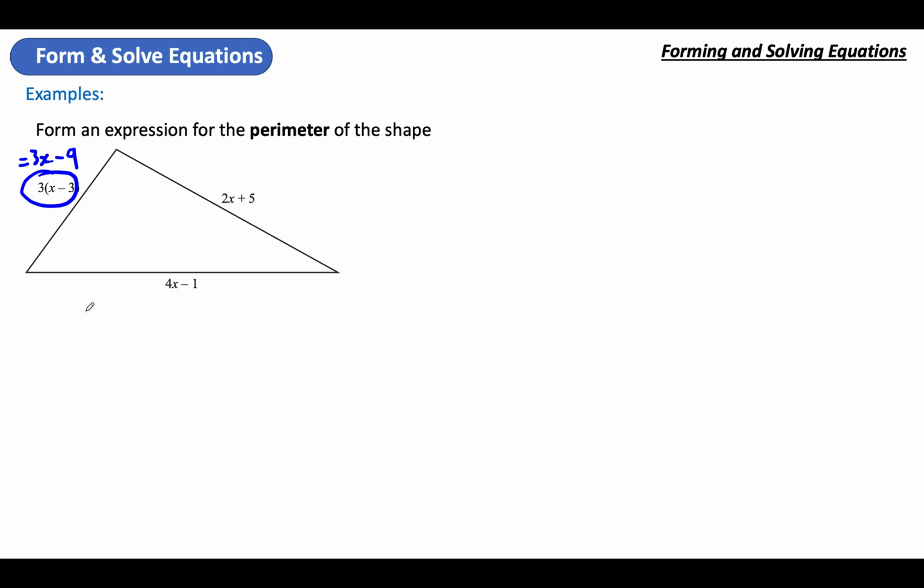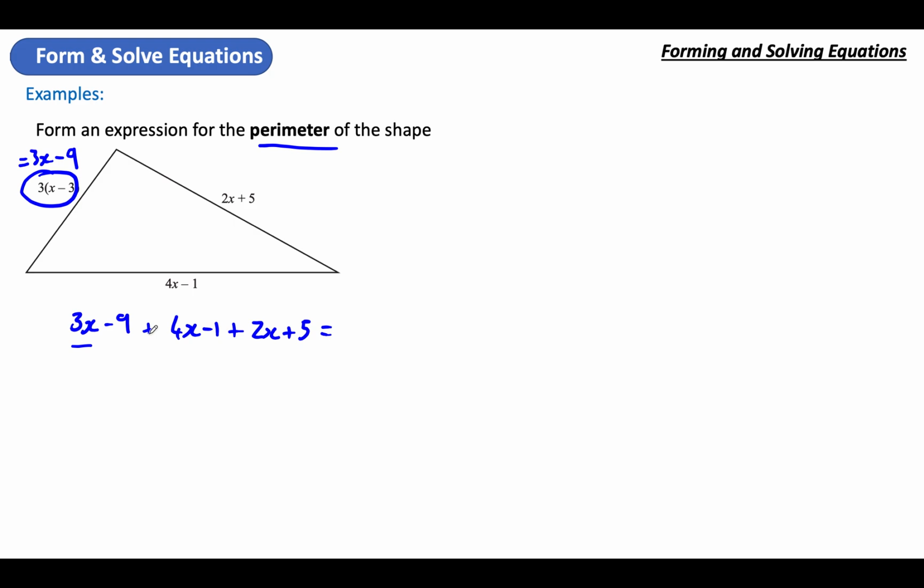Now the perimeter is a bit more to it this time, but it's the same thing. I've got that side, I've got that side, and I've got that side, and it just says add them all together. Well, it doesn't say that, but that's what a perimeter is. It's all the sides added together, the total length around the outside. And collect together stuff you can.